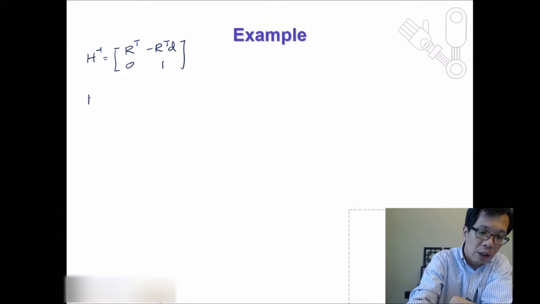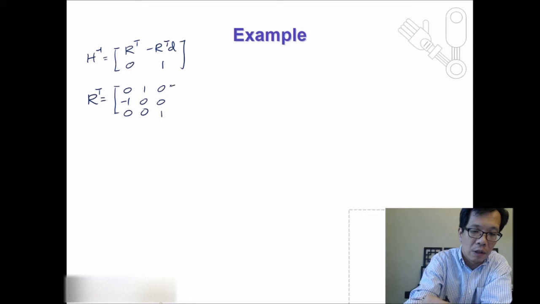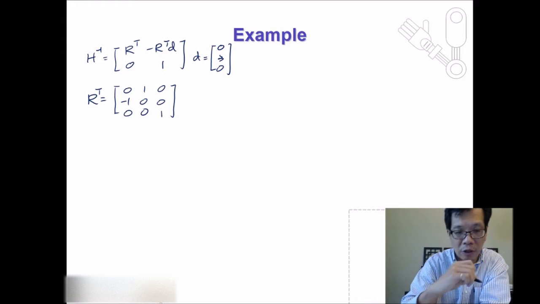And my R^T is going to be the transpose of the R, which is going to give me 0, -1, 0, 1, 0, 0, 0, 0, 1. And the D is still 0, 3, 0 along Y naught direction.